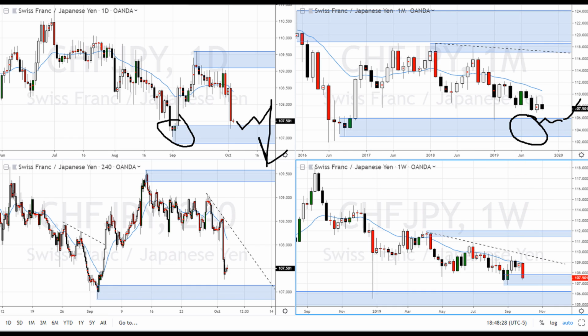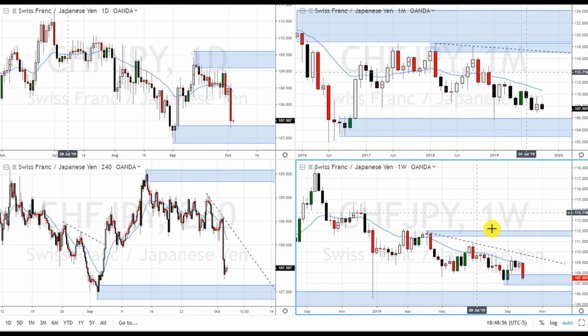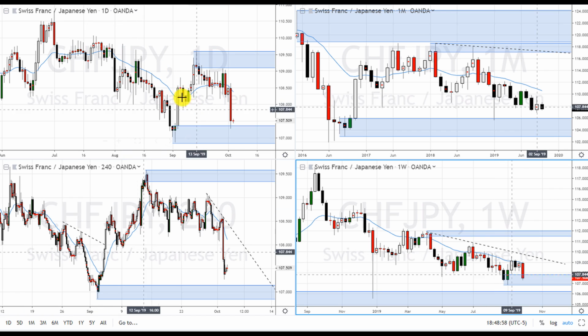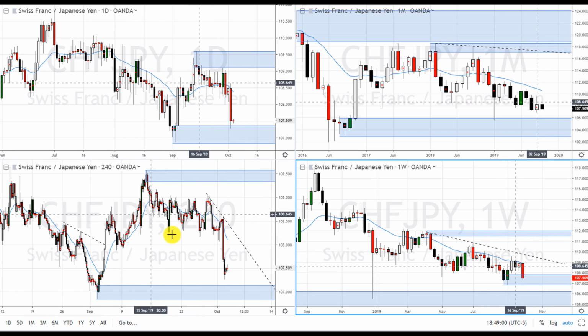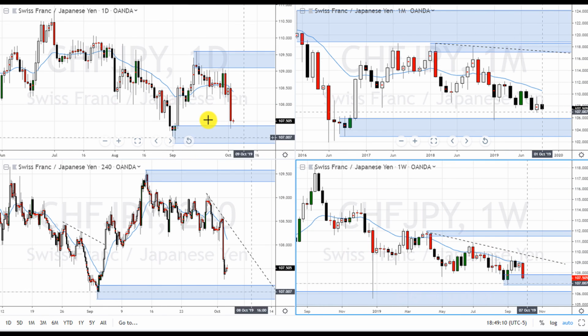Alright, so just a quick recap. Monthly is in a downtrend, weekly is in a downtrend, daily is consolidating, and 4 hour is in a downtrend. If you're trading the monthly, weekly, daily, you cannot buy right here because both time frames are in a downtrend, and we're expecting price to break down here.